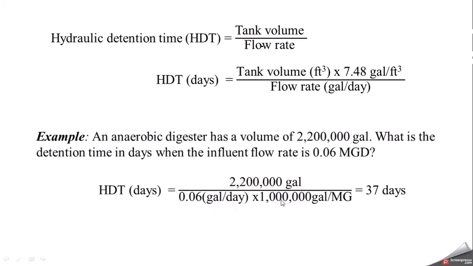This is 2.2 million gallons divided by 0.06 million gallons per day, and we convert million gallons into gallons by multiplying by 1 million, and this gives 37 days. So the hydraulic detention time for this example is 37 days.